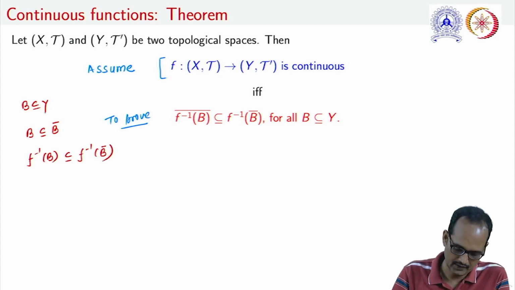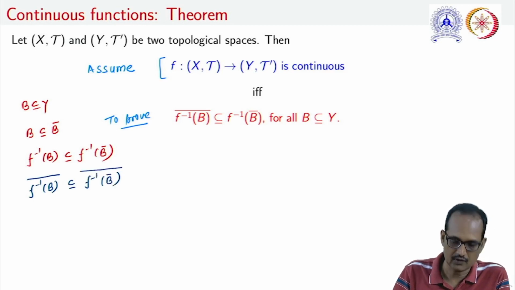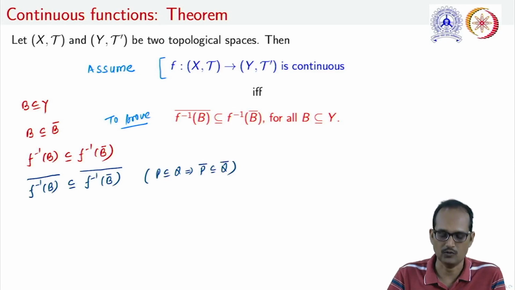Now by taking the closure, we can conclude that closure of f inverse(B) is a subset of closure of f inverse(closure of B), as we already know that if P is a subset of Q, closure of P is a subset of closure of Q.